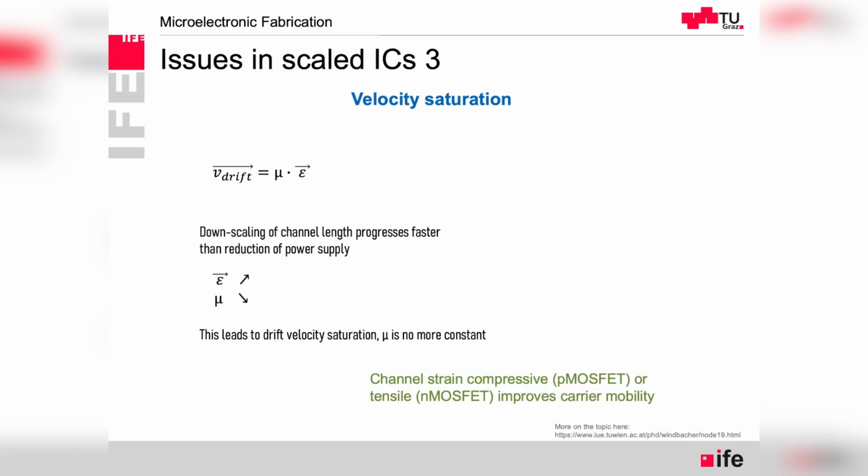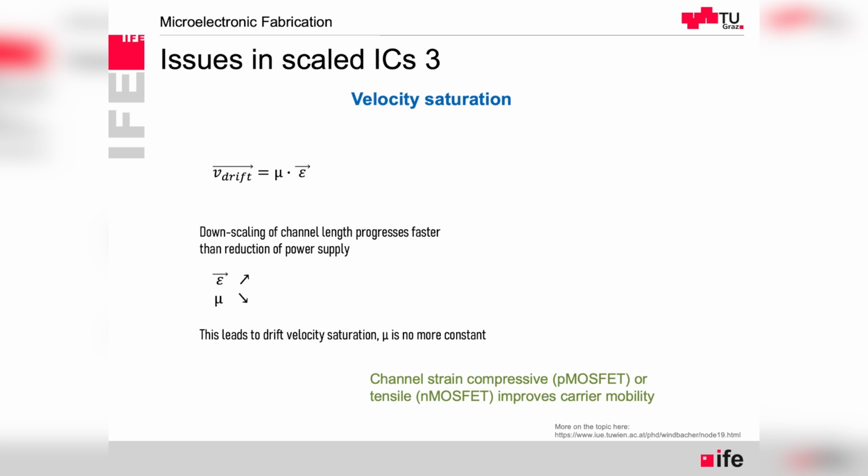Then the third challenge is velocity saturation. Maybe you remember the topic of charge carrier transport. We have this drift velocity, which increases with the increasing electric field and is proportional to the mobility. So we had this proportionality factor.